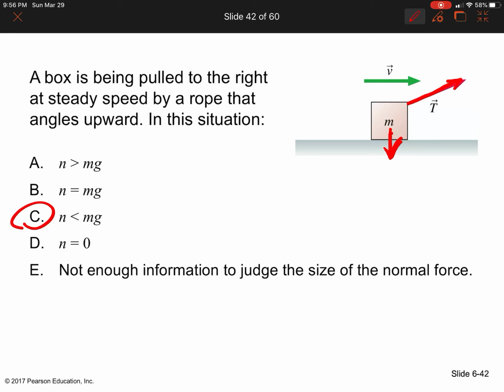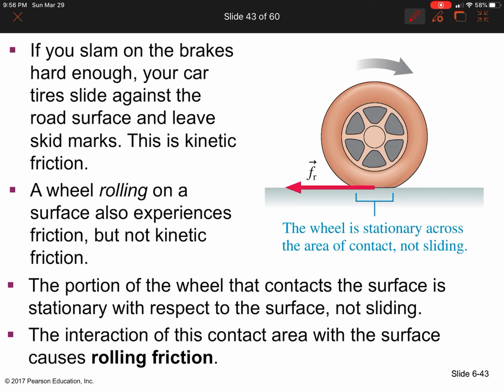All right, and now we get to rolling motion. If you slam on the brakes hard enough, your car tires slide against the road surface and leave skid marks. That's kinetic friction. But a wheel rolling on a surface also experiences friction, but not kinetic friction.